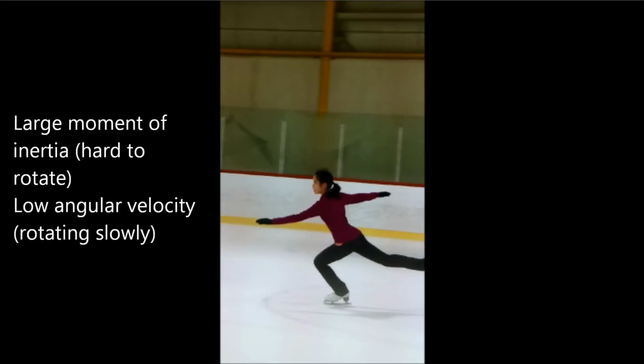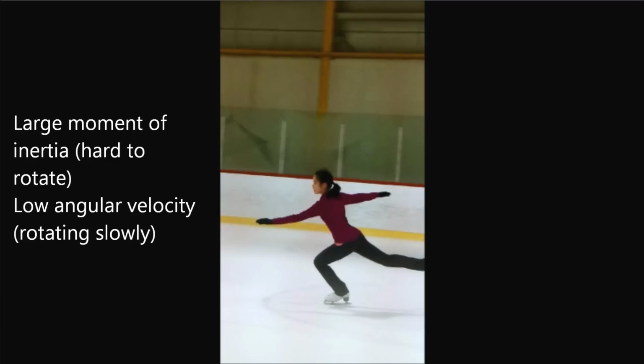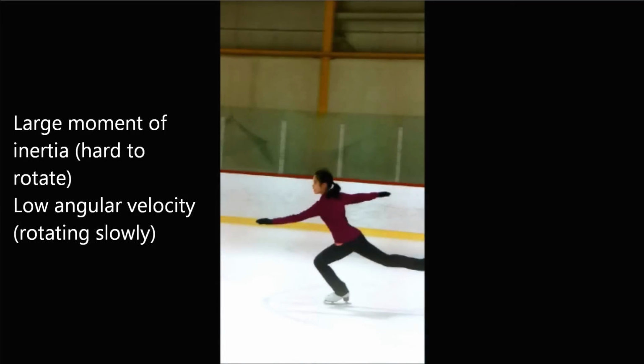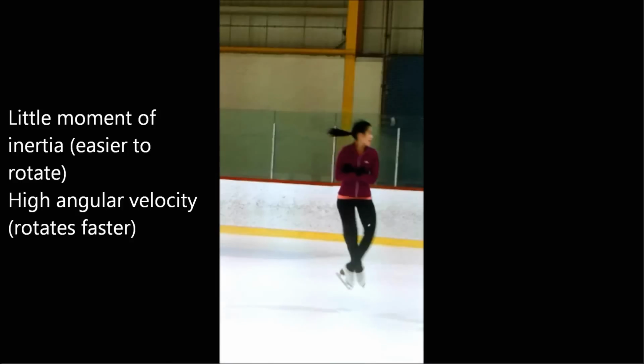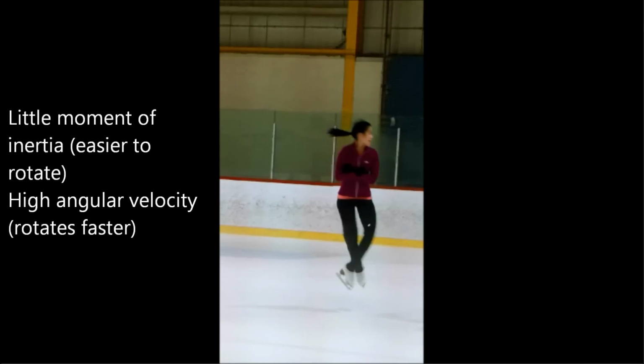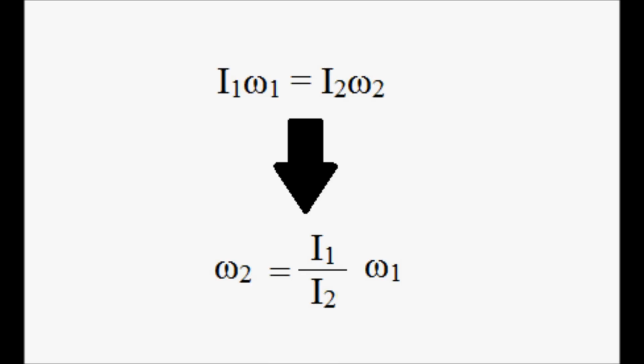For example, when arms and legs are extended right before a jump, there is a large moment of inertia, which is I1, and there's a low angular velocity, which is omega 1. In the air, the arms and legs are tightened to reduce the moment of inertia, which is I2. According to the law of angular momentum conservation, the angular velocity of a skater in the air, which is omega 2, is equal to I1 over I2 times omega 1.